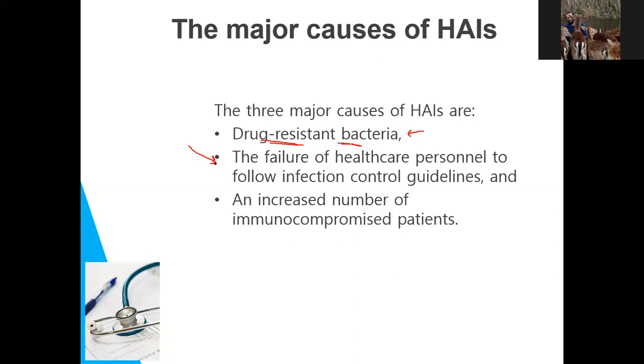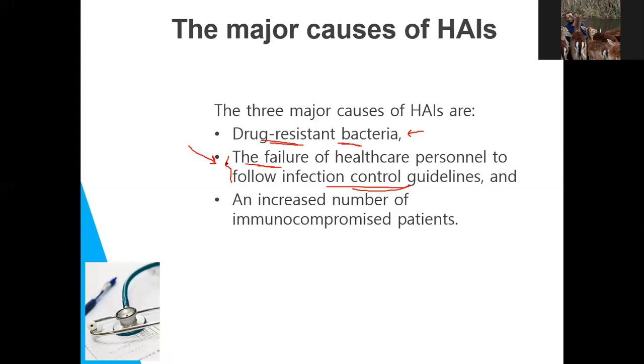The failure of healthcare personnel to follow infection control guidelines is a very important factor, the limiting factor regarding us, because the limiting factor is you yourself. Here we can prevent this factor. By adherence to infection control guidelines, we will prevent almost 50% of healthcare acquired infections.